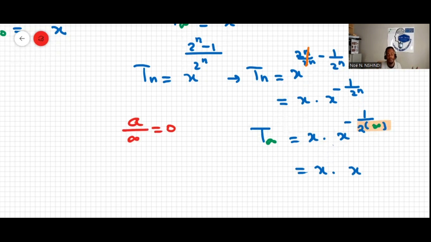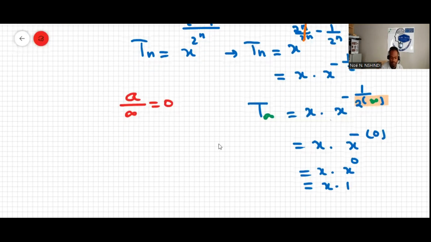You're left with nothing. So this makes x to the power of -0. 0 doesn't have any negative sign, and that makes x to the power of 0, and x to the power of 0 is just 1. So you have x times 1, and the final answer is x. This part was quite challenging. Let's go over it a little bit.